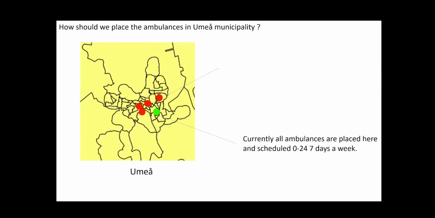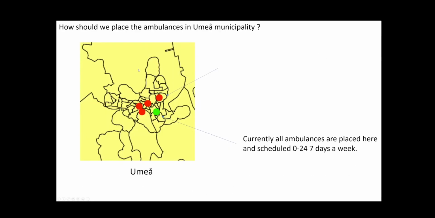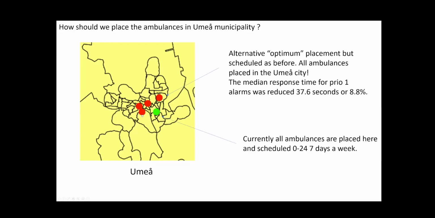Okay, here is one example we did. Today in Umeå all 4 ambulances are placed here. We applied our simulation approach together with our optimization approach, and this is the suggestion. The algorithm suggests that 1 ambulance should be placed here, 1 here, 1 here, and 1 here.